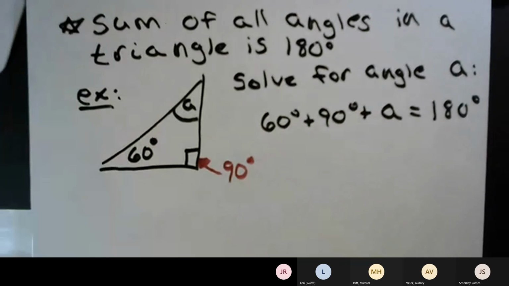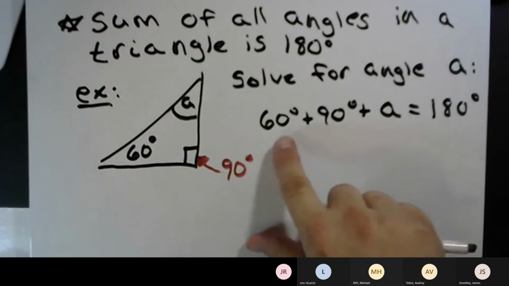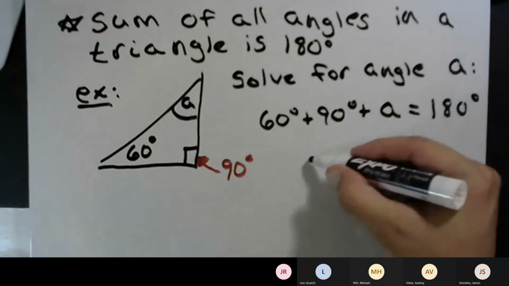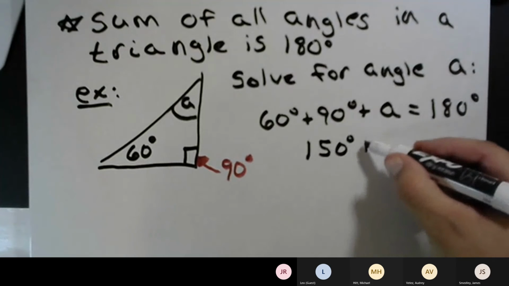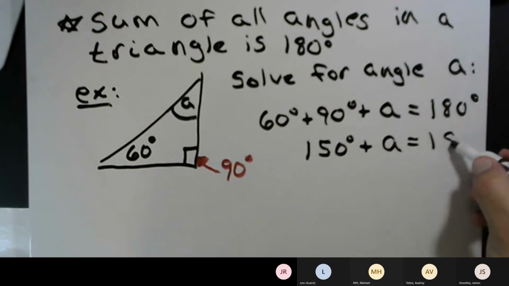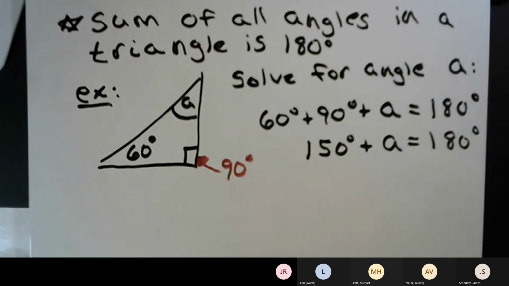The sum of all the angles in a triangle is 180 degrees. So let's add the 60 and 90. They're like terms, constant terms. That's 150 degrees plus A is 180 degrees. Now I want to get A by itself.